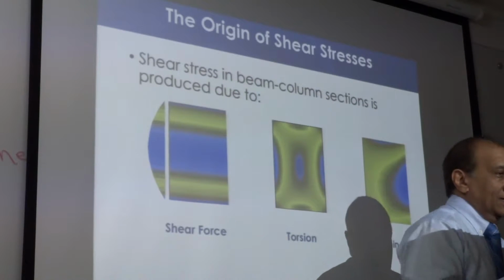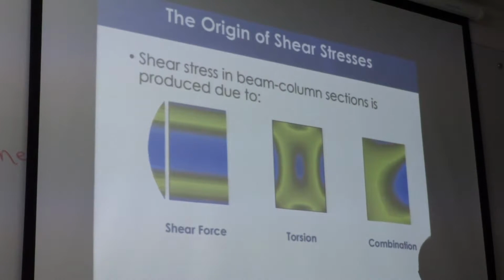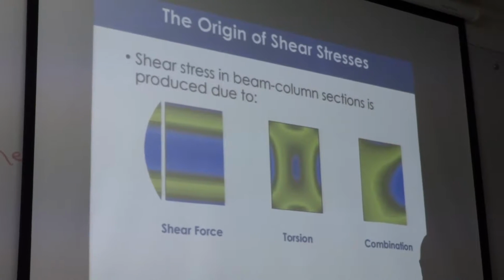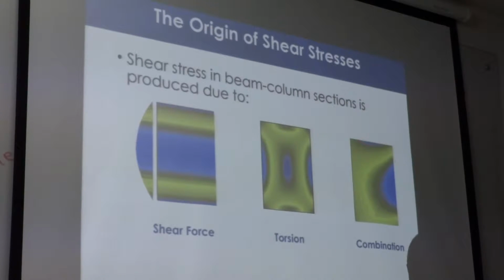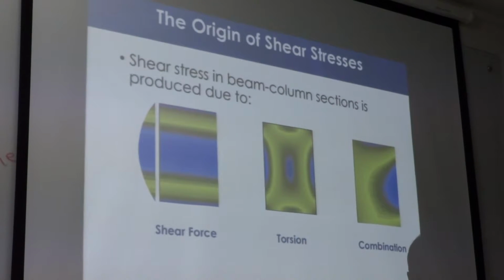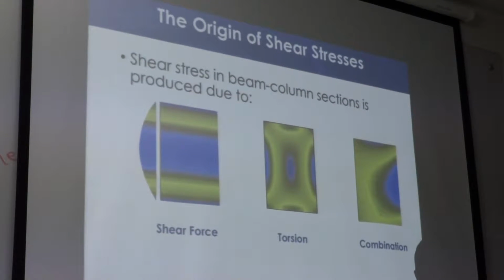What is shear basically? It's trying to separate two parts of the section perpendicular to that section. That is pure shear: you take a thing and try to cut it on a plane directly up and down. There's a section here, one is staying here, one is going down.